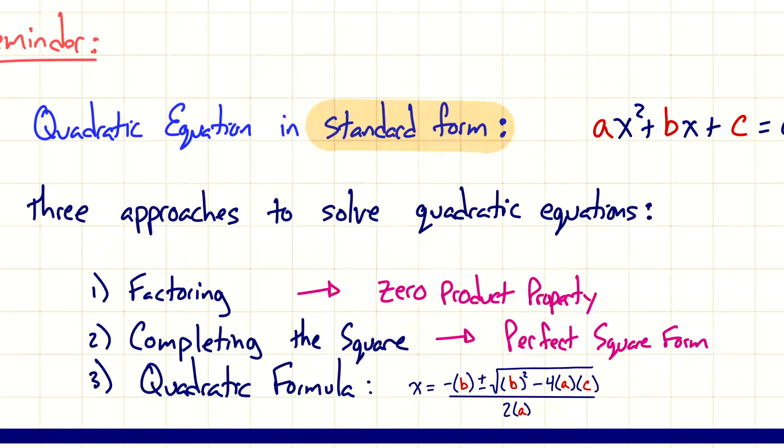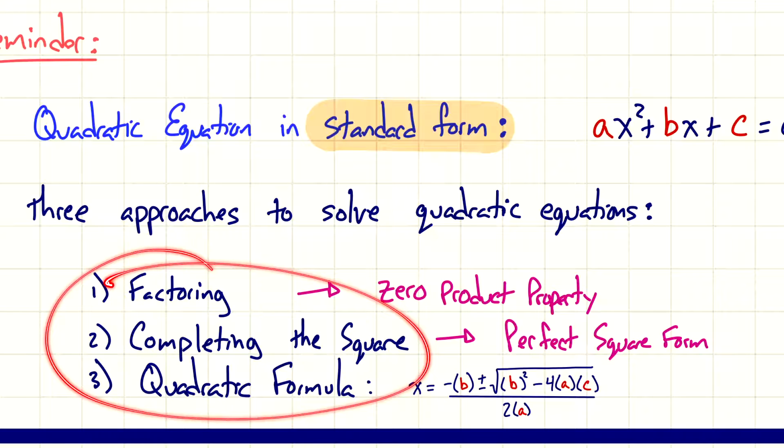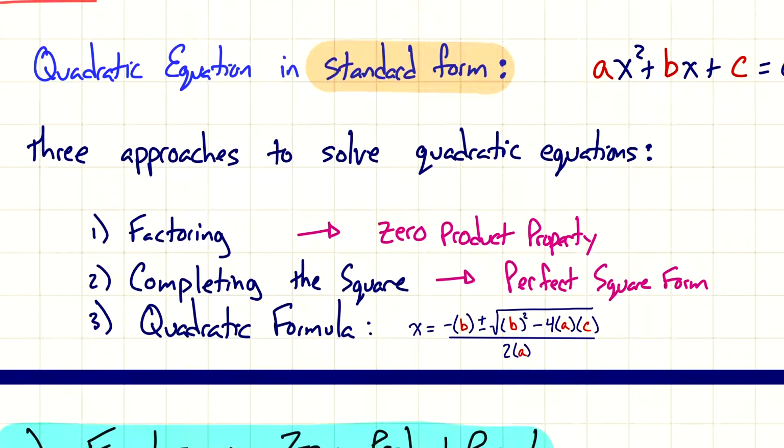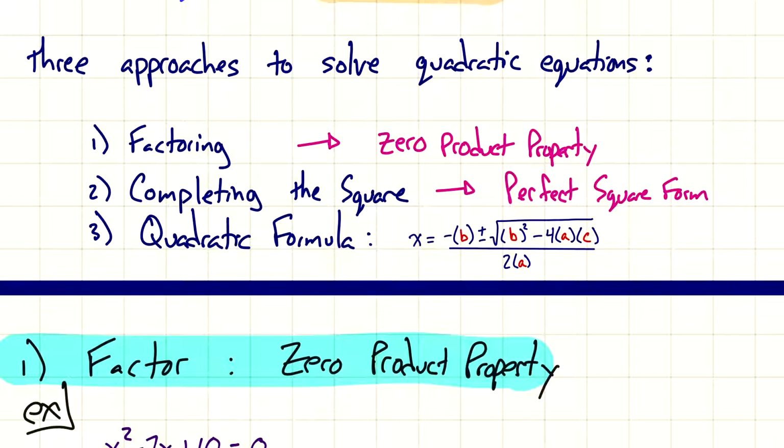So some people will do this all day long, even when factoring would be like 3 or 4 steps. The quadratic formula could be double the amount of steps. So make sure you know how to do all 3 of these, because when you have to select, it's nice to have options. All right, so I'm going to give you some examples of all 3 of those.